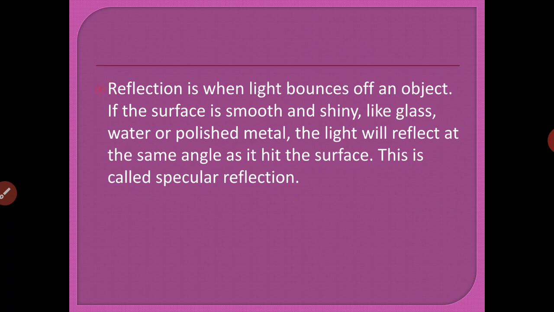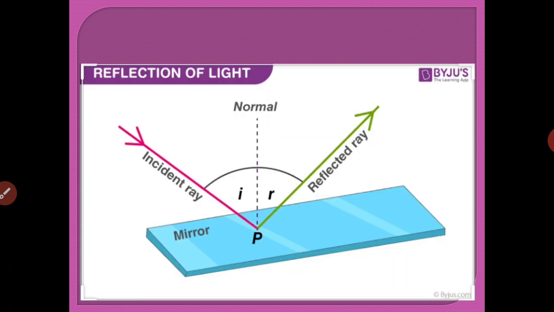One thing you must remember is that reflection always occurs on a shiny surface, such as glass or polished metal. It does not occur on a very rough surface. Here I show you the diagram of reflection.